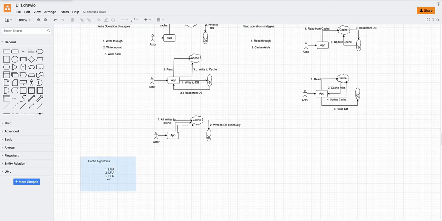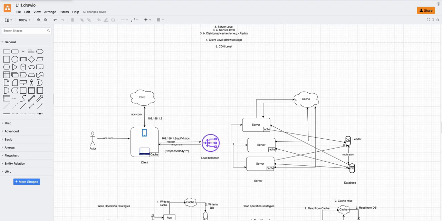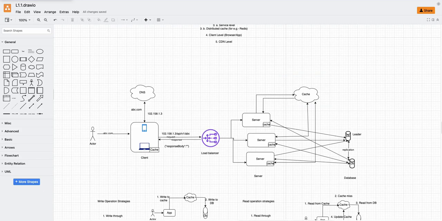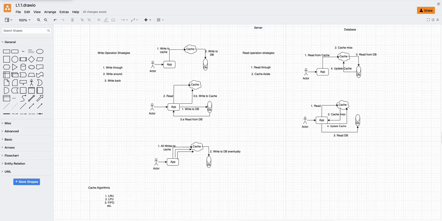Now, why do we need these algorithms? Because we want to optimize the data operations in a cache. Transactions in a cache are very frequent, and they should be optimized. In that case, we take the help of cache algorithms.